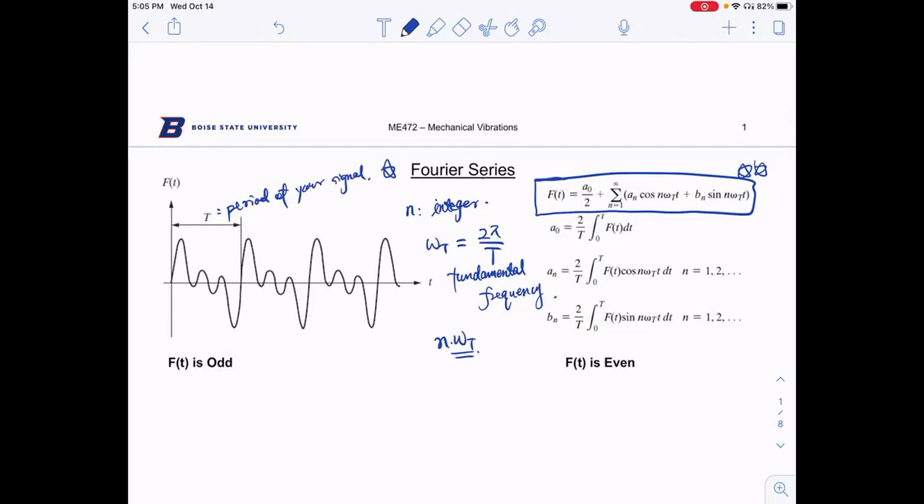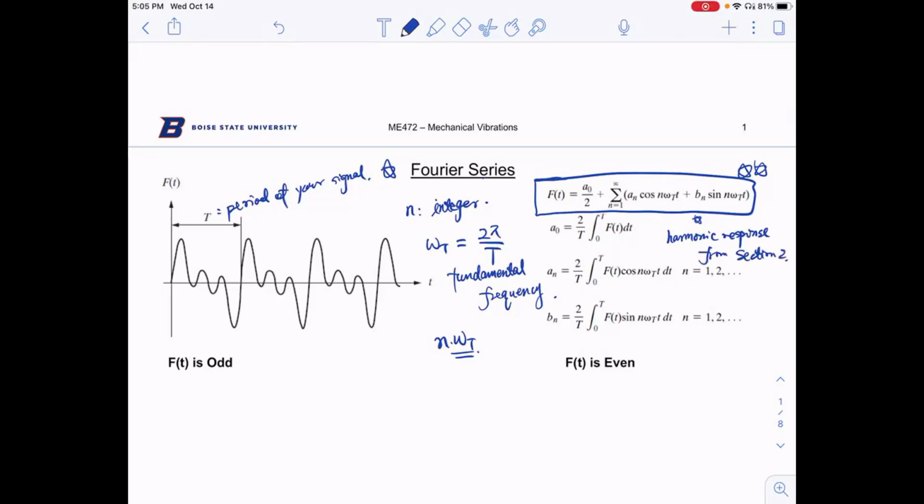So whenever you have a periodic signal, you can always use the so-called Fourier series to convert it into an infinite number of harmonics, or an infinite number of sine and cosine functions. So once you can decompose your input, we already know the harmonic response from section 2.